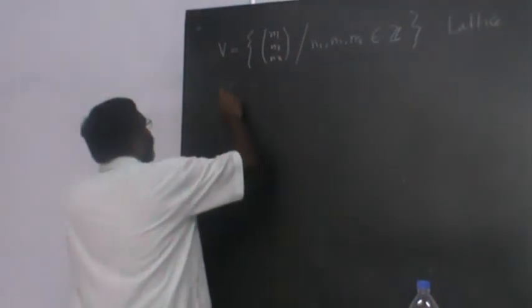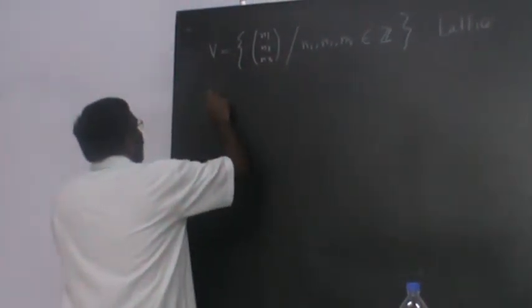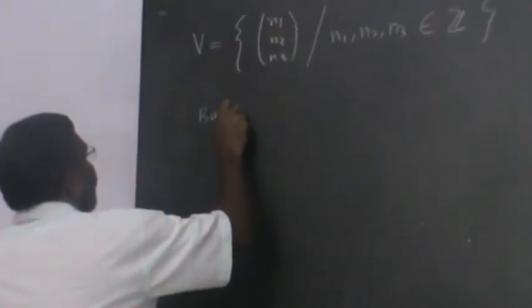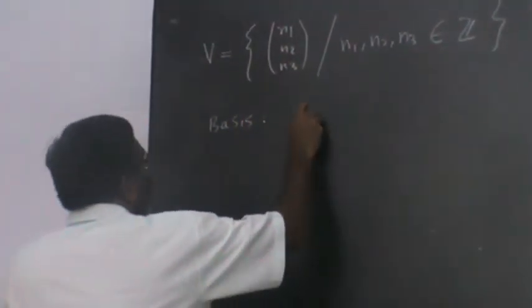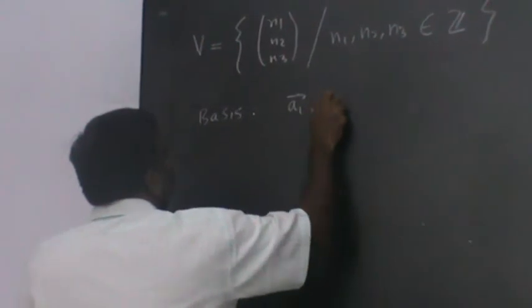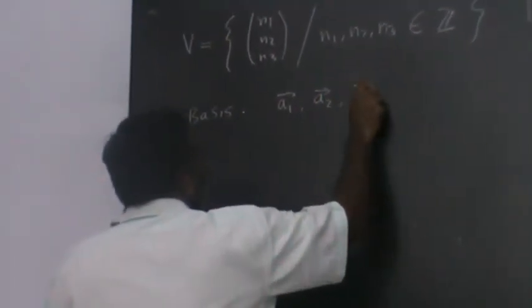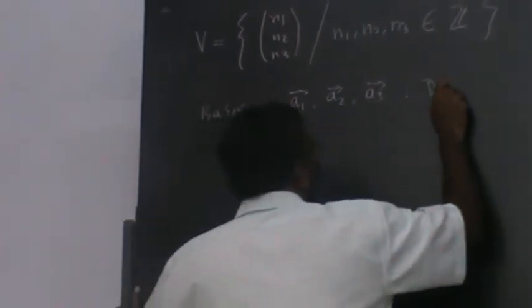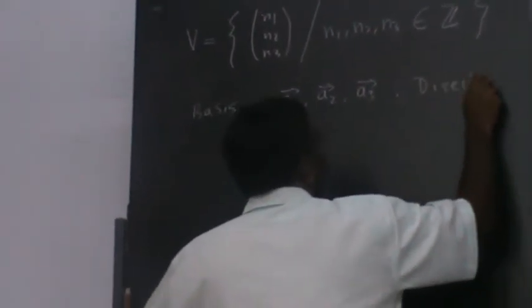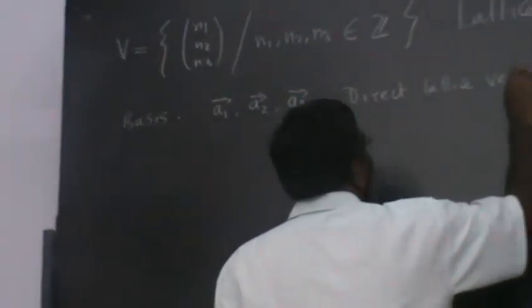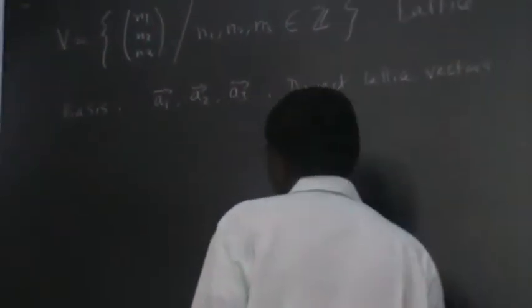First, let me say that for a lattice, the basis is given by these vectors A1, A2, A3, right? These are called direct lattice vectors. They are not orthogonal.